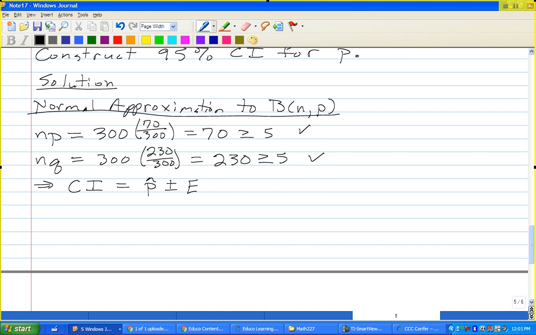And so this is 95%. Therefore, on each side, it's going to be 2.5%.